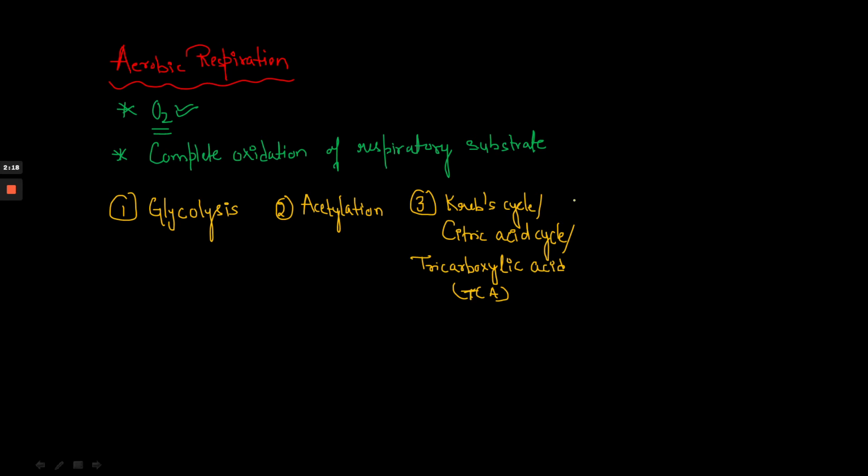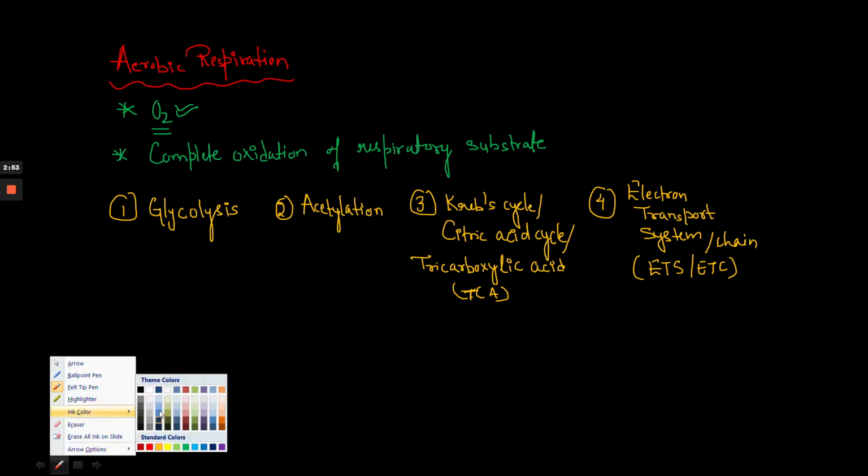And ultimately after that, something known as electron transport system is going to happen. It is also known as electron transport chain. So it is one and the same thing, system or chain. So it is either ETS or ETC, the abbreviation for electron transport system or electron transport chain. So the whole aerobic respiration is divided into these 4 different phases.